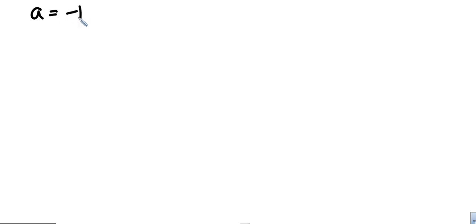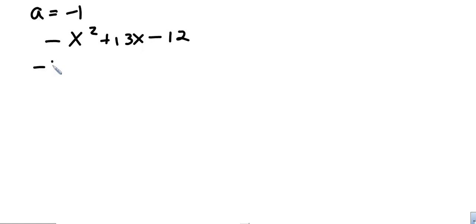If that's all you have at the beginning of your quadratic, for example, negative x squared plus 13x minus 12, then the easiest thing to do is to say, okay, that negative 1 is a common factor, and we need to factor out the common factor first. So if we have a common factor, it always factors out before we start our problem, and that includes that the common factor is a negative 1.